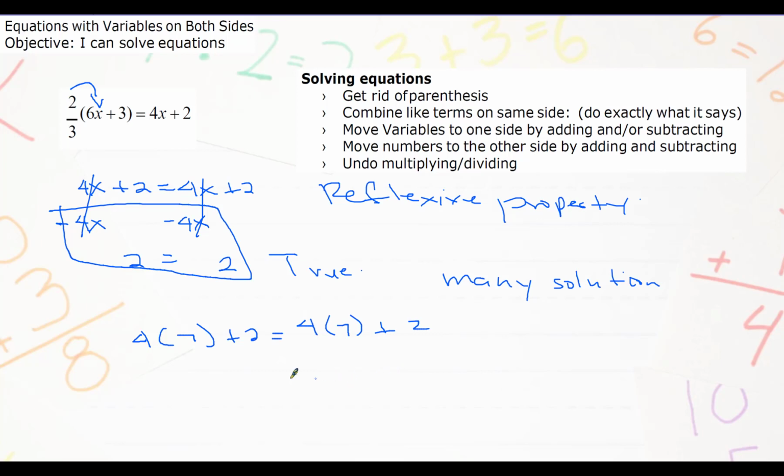Now, let's say instead of replacing x by 7, you can replace x by 0. And again, you will have another true statement. So 7 is a solution, 0 is a solution. So any number that you plug into your x will also be a solution. And that's the meaning of an equation that has many solutions.